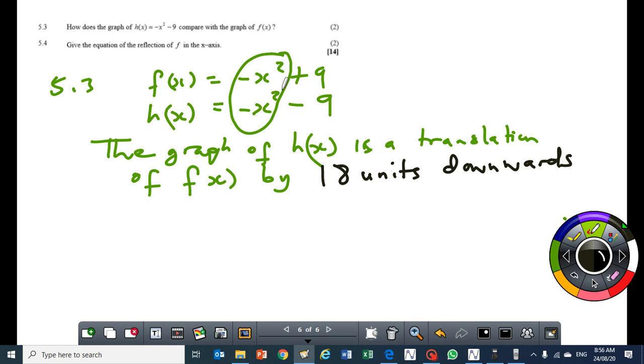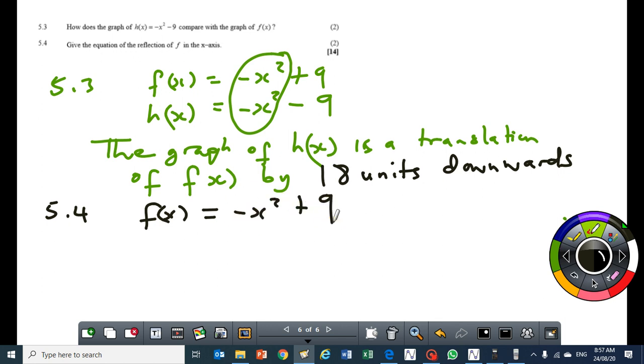Then the last one, give the equation of the reflection of f in the x-axis. Okay, I told you when I discussed reflection that reflection about the x-axis does not change the x values, it changes the y values. So the answer for 5.4, your equation of f of x is equal to minus x squared plus 9.